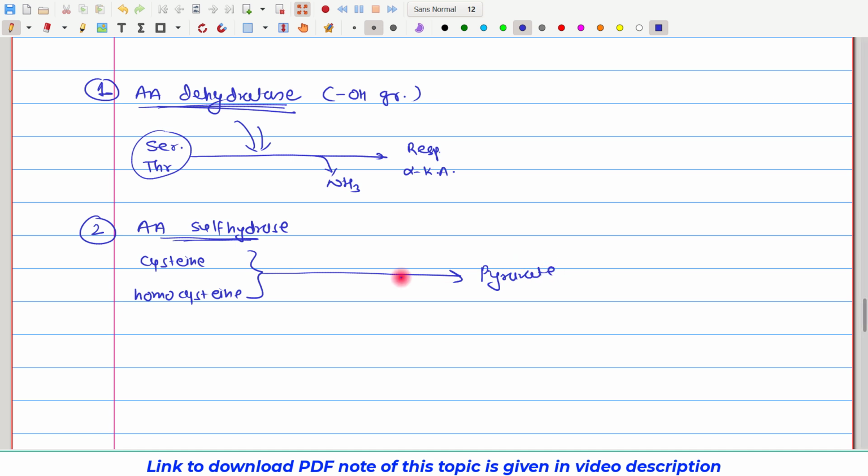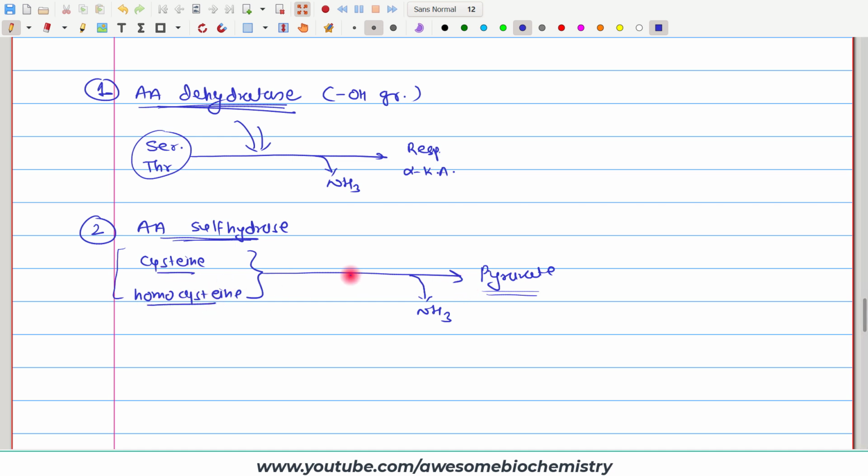Now, you might be wondering that in case of alanine also the respective keto acid was pyruvate, and in case of cysteine and homocysteine the respective keto acid is pyruvate. But here, not only is the amino group removed as ammonia, but both are sulfur containing. So, their sulfur is also removed as H2S. So, we get this keto acid as pyruvate.